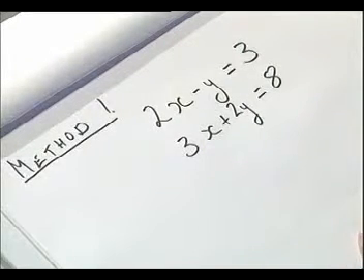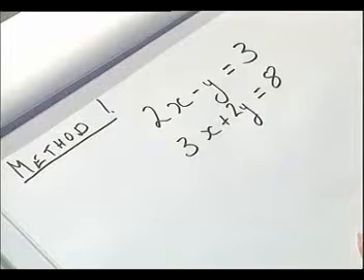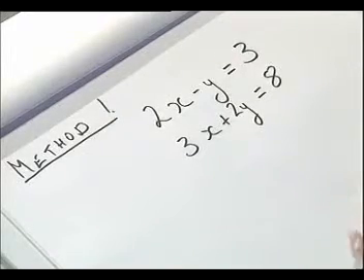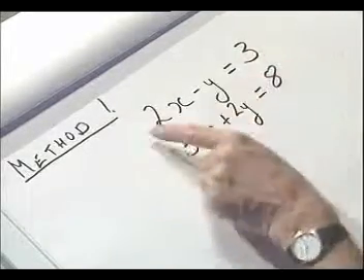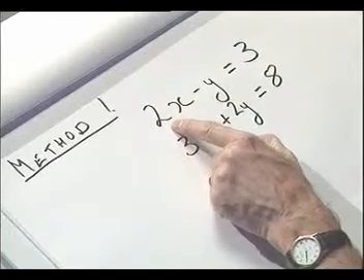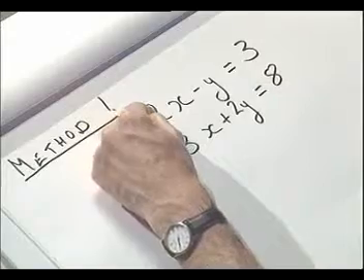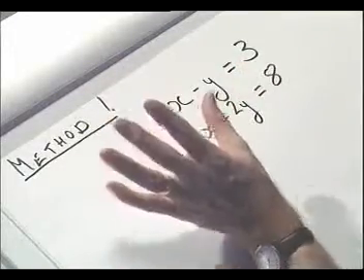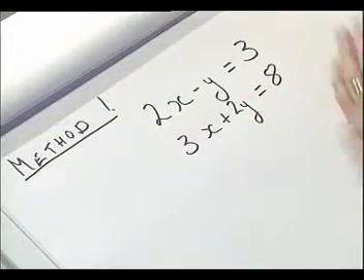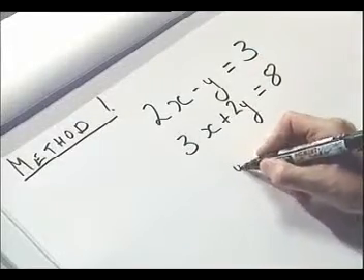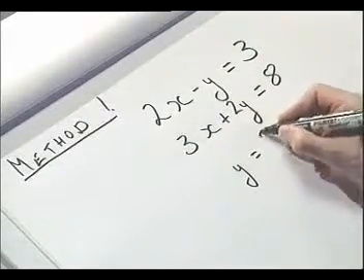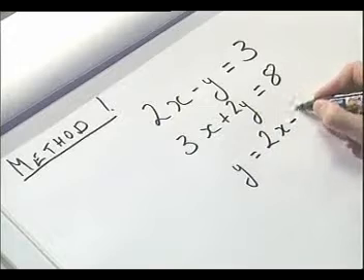Our first method of solution. Well, one of the things to do is to do what we did in the very first case with this and rearrange one of these equations. It doesn't matter which one, but we'll take this one so that we get y equals. And we know what the result for that one is. It's y equals 2x minus 3.